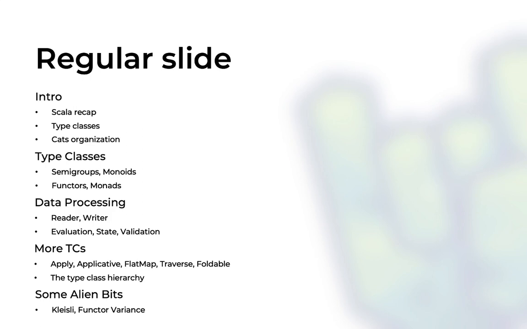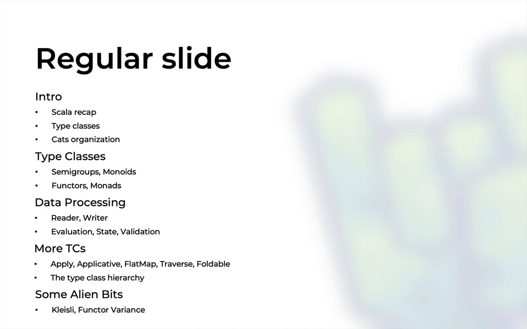After that, we are going to explore some of the more abstract type classes, including Apply, Applicative, Traverse, Foldable, and many more. So we are going to expand upon a pretty big type class hierarchy, which I hope by the end of this course will become second nature to you.